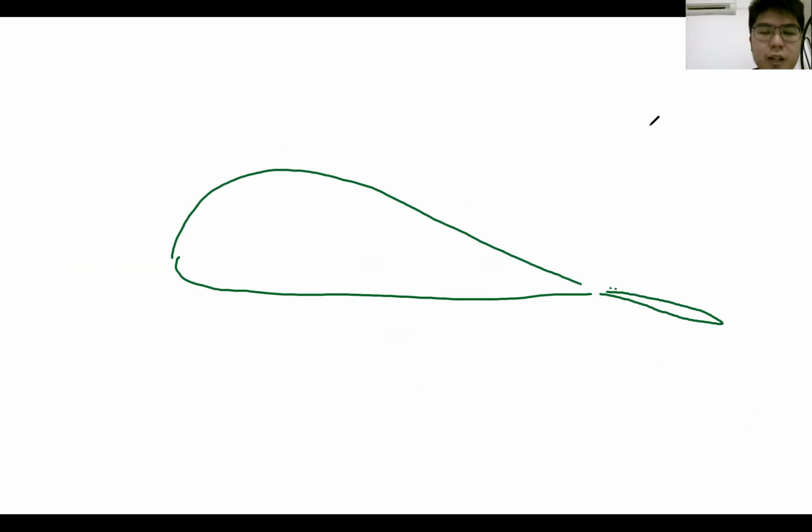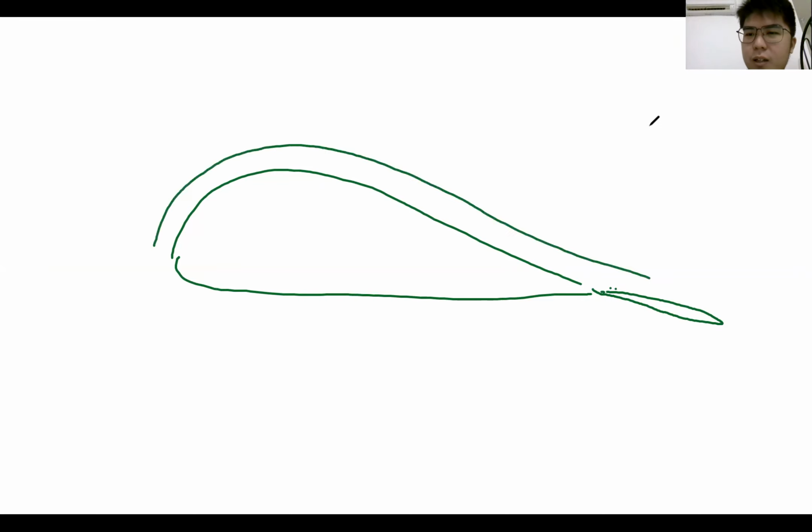Because they want to increase the pressure difference. If they extend this outward, the distance on top is even longer compared to the distance below, so they are able to create more pressure difference and increase the lift.